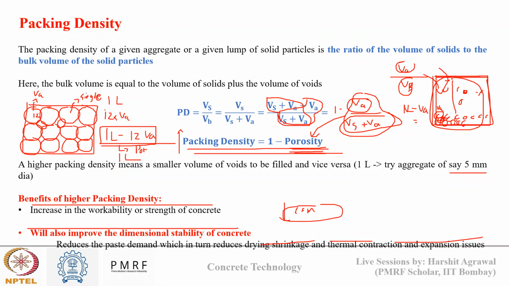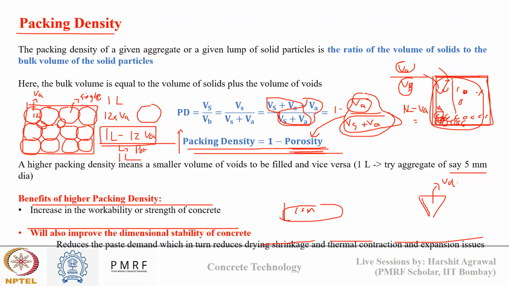To find out the packing density for angular aggregate on the whole, how can I find out, then only I can perfectly design my concrete, right? Right now, this theory for packing density was started for a round aggregate system only. Because when we talk about angular aggregates, it is not very easy to calculate the volume of each aggregate.